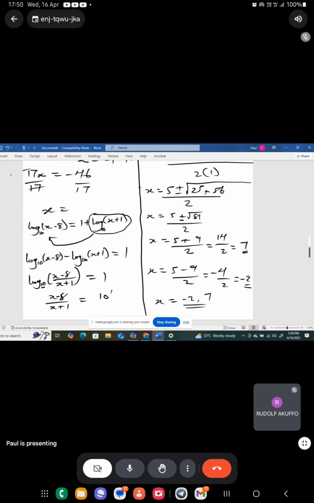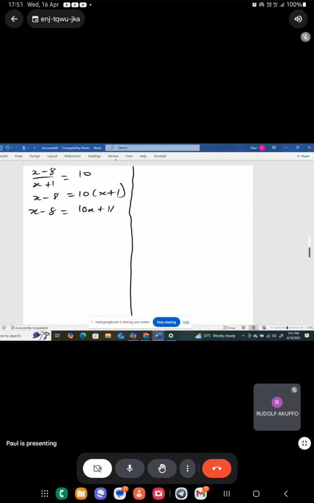So x minus 8 divided by x plus 1 equals 10. By cross multiplying, we get x minus 8 being equal to 10 times (x plus 1). You understand the cross multiplication? Yes, I do. So x minus 8 being equal to 10x plus 10.